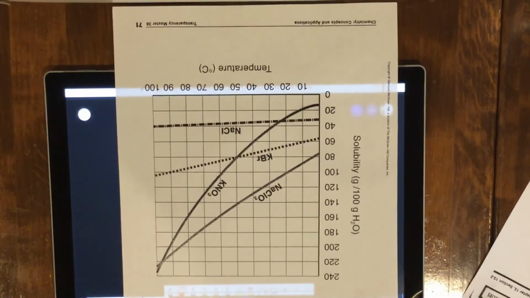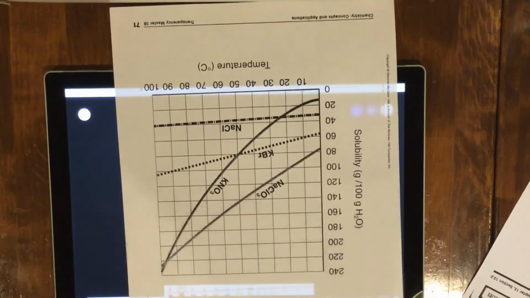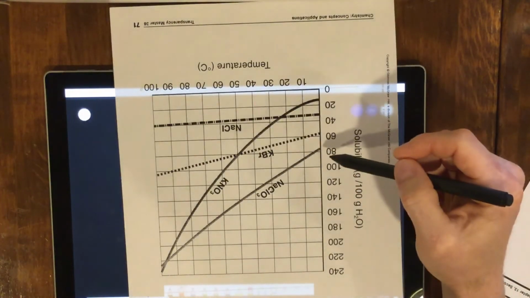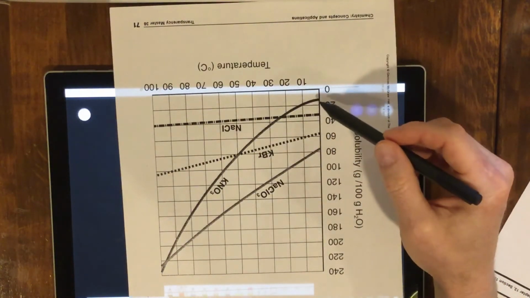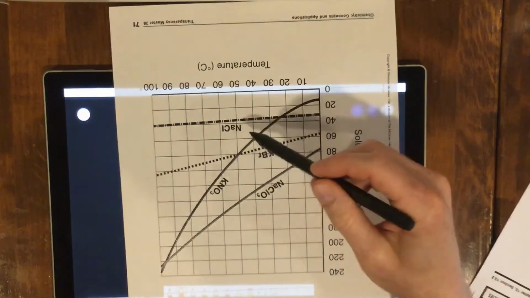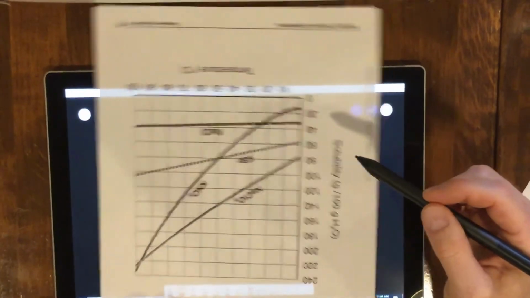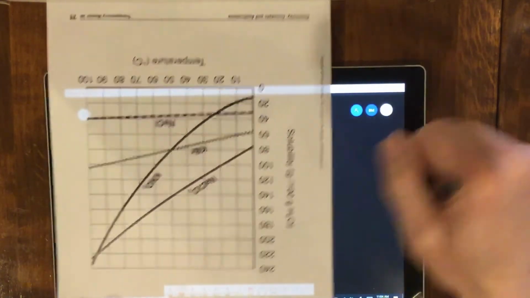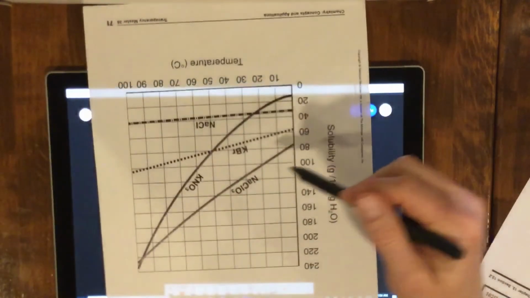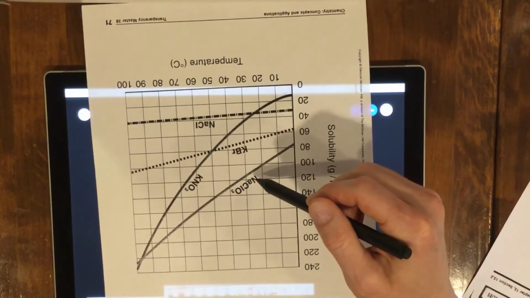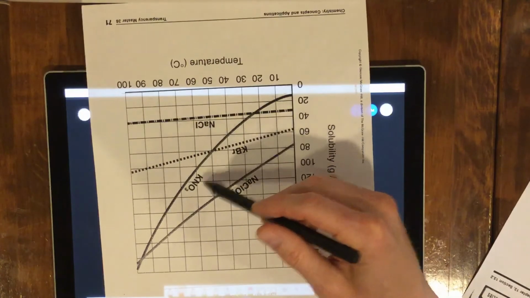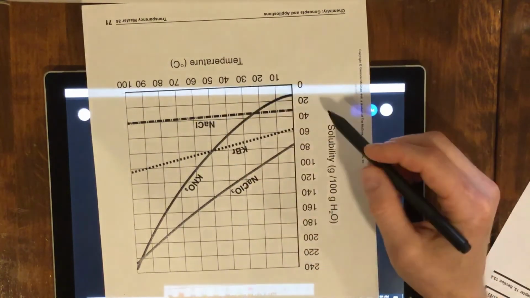So this worksheet, what's going on here is what we just talked about. On this chart, you have 4 solutes, and they're being dissolved in 100 grams of water. Just like the beakers I just had, imagine you had 4 beakers, one with NaClO3, one with KNO3, one with KBr, one with NaCl.